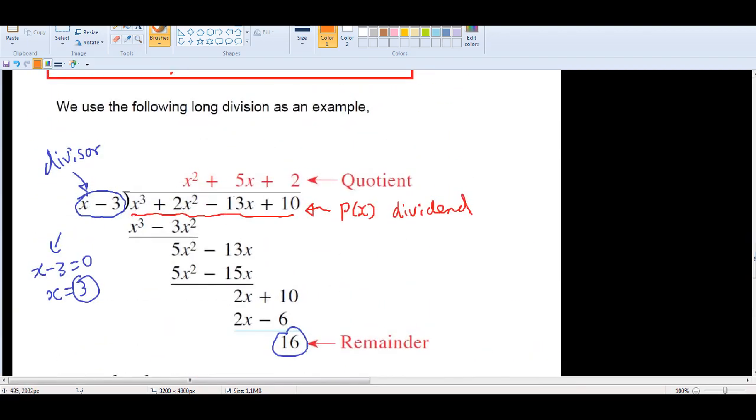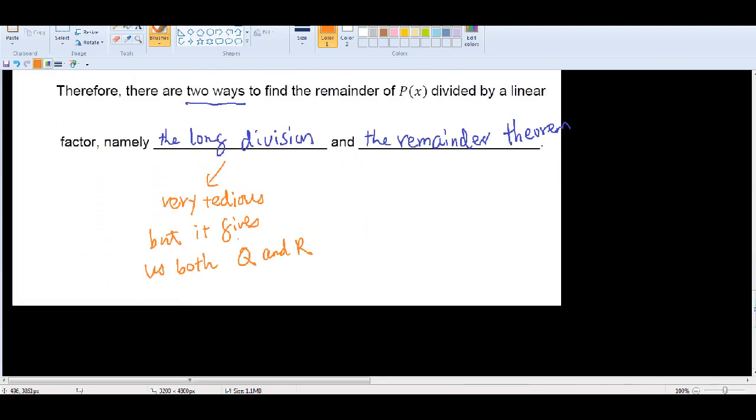Quotient is the expression on top of the division. That's x squared plus 5x plus 2. Sometimes we do need that quotient, right? So long division is very slow, very tedious, time consuming, but it can give us both quotient and remainder in the end.